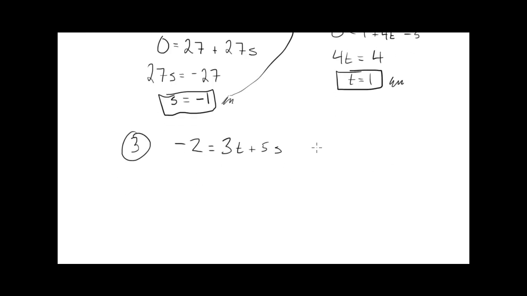So now I'm going to check if I sub this in. On the right side, if I let s equals -1 and t equals 1, I'll have 3 times 1 plus 5 times s, which is -1. So we get 3 minus 5 equals -2, which, very good, is equal to the left side.